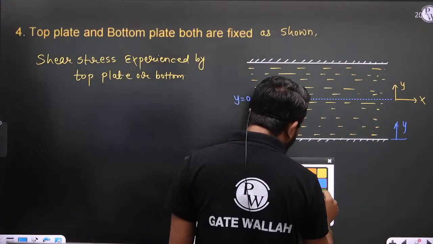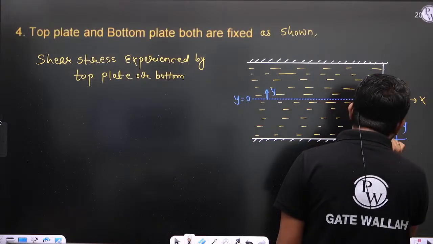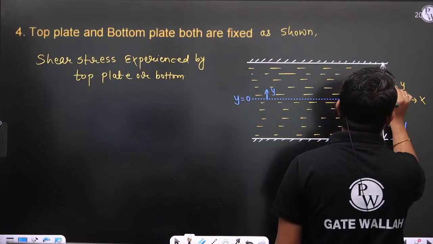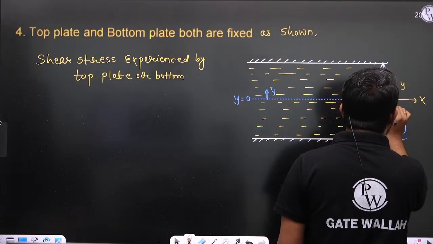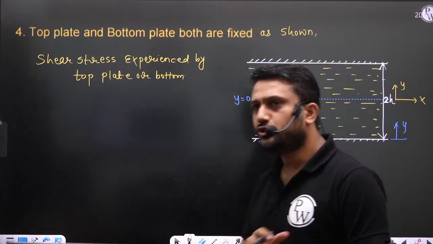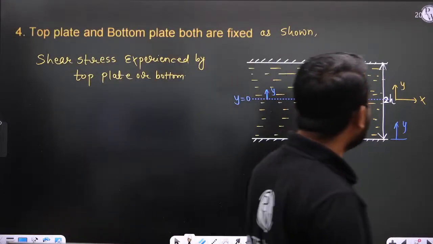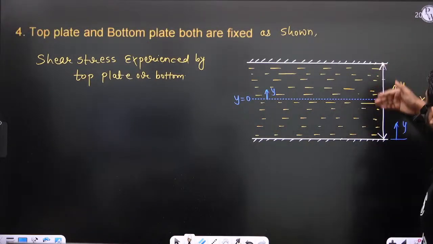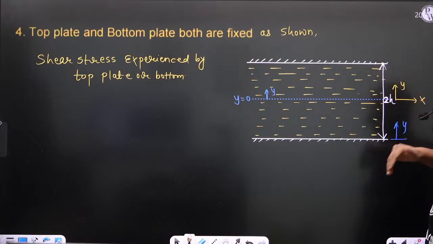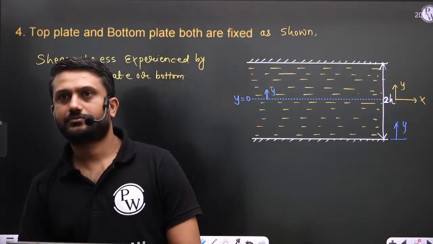And let us consider the gap between these two plates as 2h. You can take h also, no problem, but to simplify the problem, I am considering the gap between the top plate and the bottom plate as 2h.